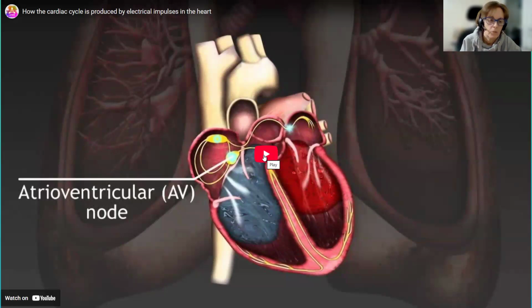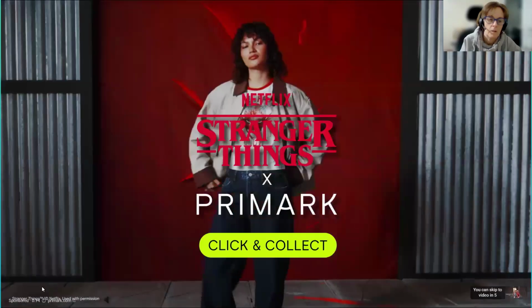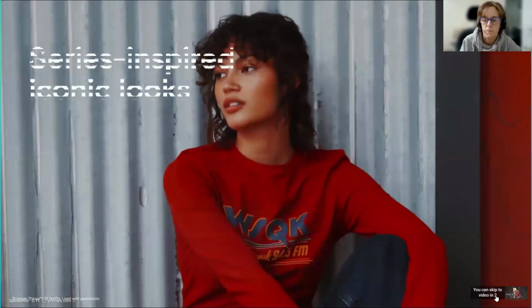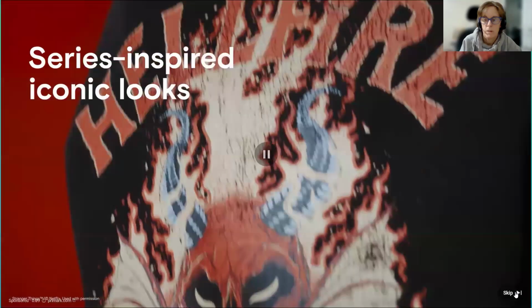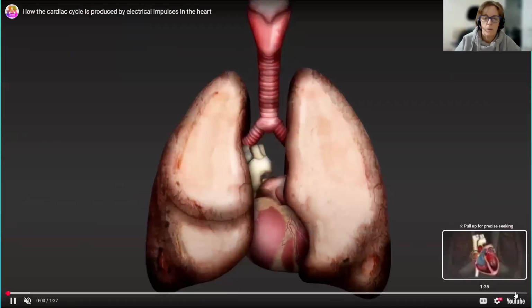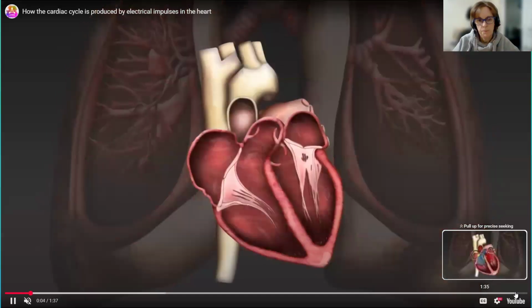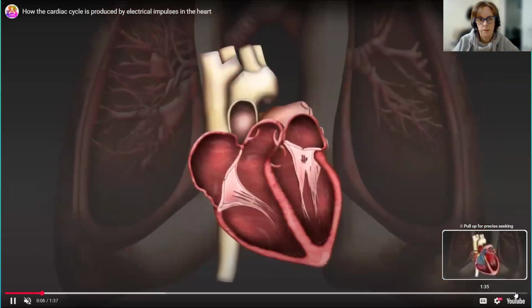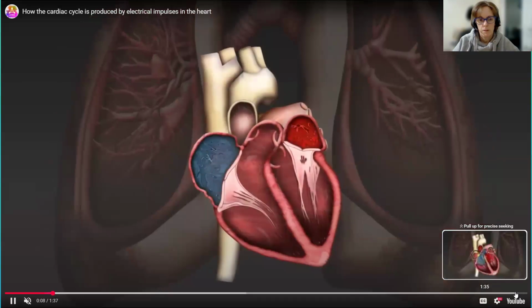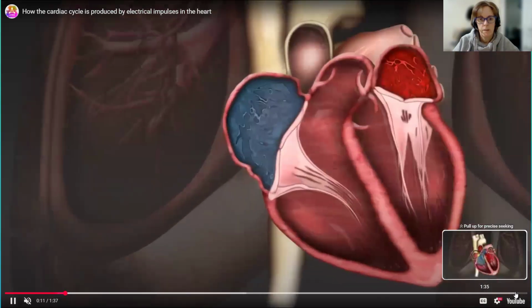Right, so I'll just play this for you, just to have another look from another angle. So those are our atria.